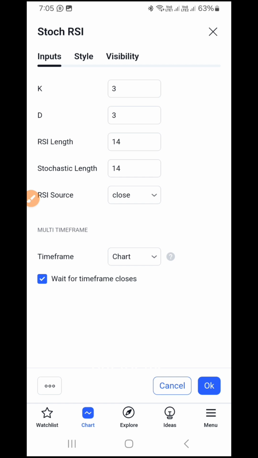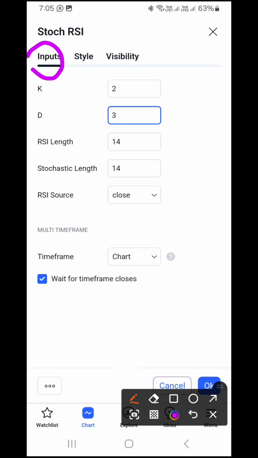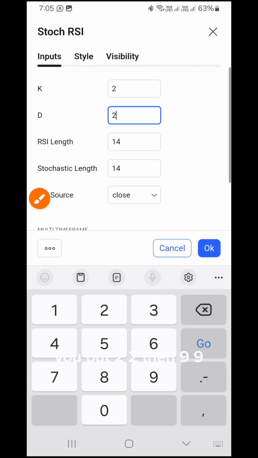So input style, you're going to put this, how I tell you. You check, there is input, there is style, there is visibility, but we are more interested in input. So you put 2, then 9, 9.